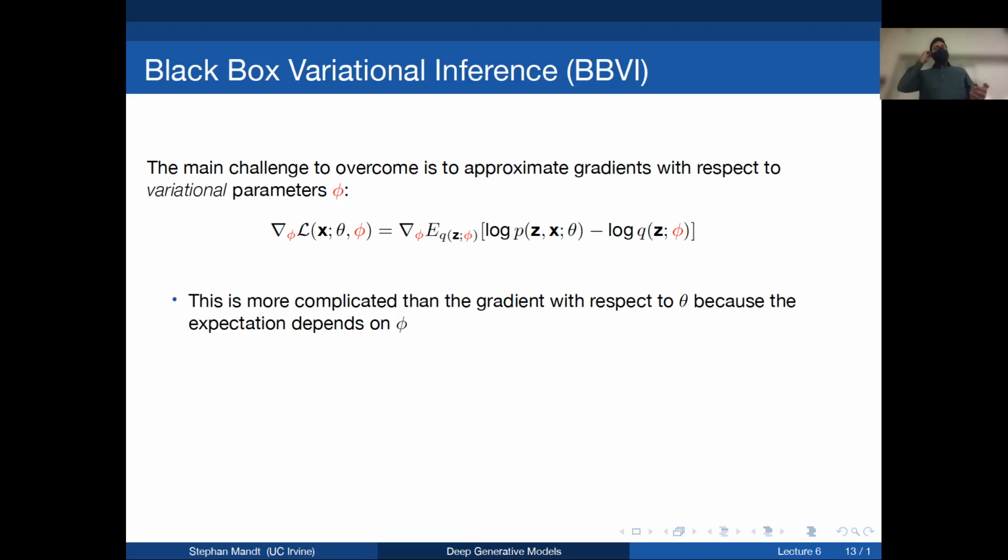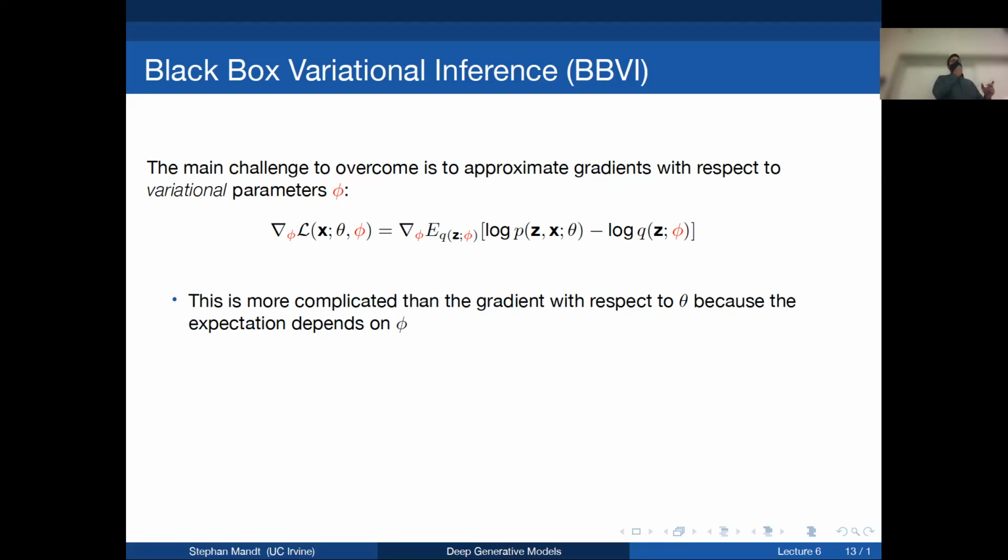Yeah, so the answer is right. Ultimately we want to do Monte Carlo sampling by creating samples from Q. But now the Q distribution itself has parameters phi, and we want to differentiate with respect to phi. So it's not completely clear how to differentiate the distribution from which you want to draw these samples.